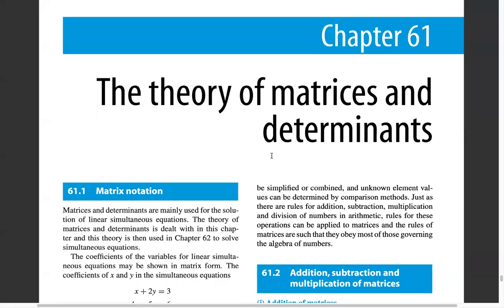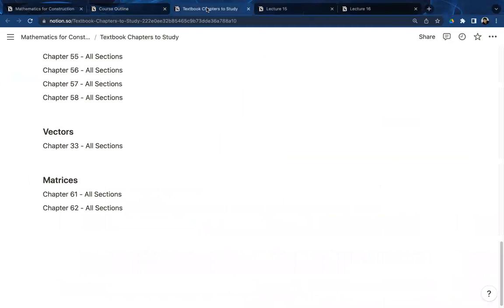So the textbook has 2 chapters, matrices, 61 and 62. Now I said all sections, but you just want to stick to 2 by 2 matrices. So I'm going to add that here: 2 by 2 matrices only, even though I say all sections.